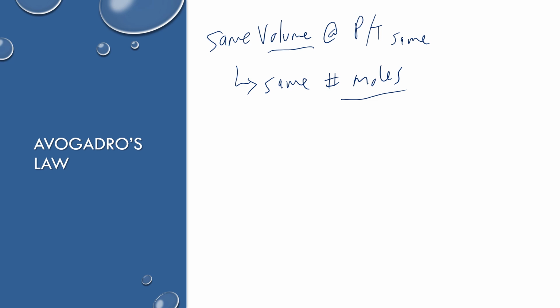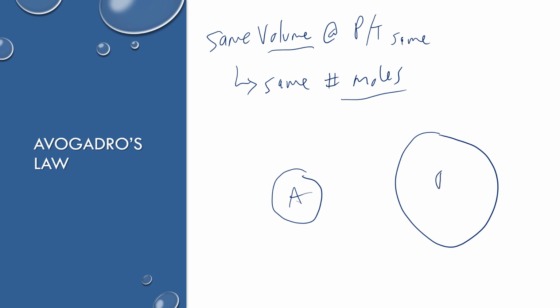So let's say I have two gases, right? And this is not to scale. So let's say I have gas A and gas B, and this one is 1 liter and this one's 2 liters, and I know that they're at a constant pressure and temperature. I know that I have twice as many moles of B as I do of A. So 2 moles for every 1 mole.